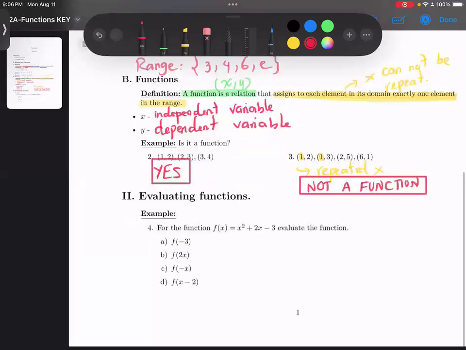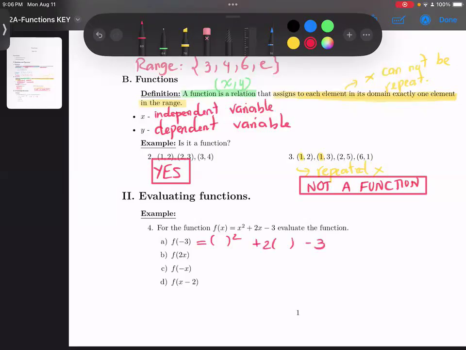Given f(x) = x squared + 2x - 3, they want you to replace some value for x. For example, part A here, they want you to evaluate f(-3), meaning everywhere I see x, I replace x with -3. If I was you, I'd do this: everywhere I see an x or a variable, I use parentheses.